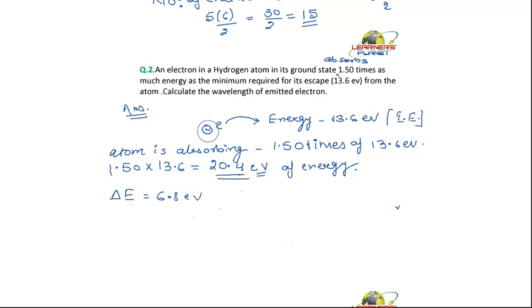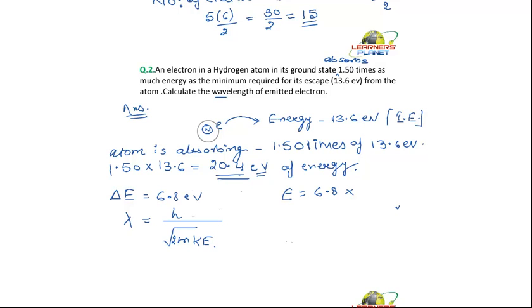Now what we require is the wavelength. So instead of going the lengthy way, finding out the orbit and all those, we can just find it by the formula which I gave you. Lambda is equal to h upon square root of m into 2 into the kinetic energy. Now here the energy of the electron is 6.8 electron volts, so convert it into joules.